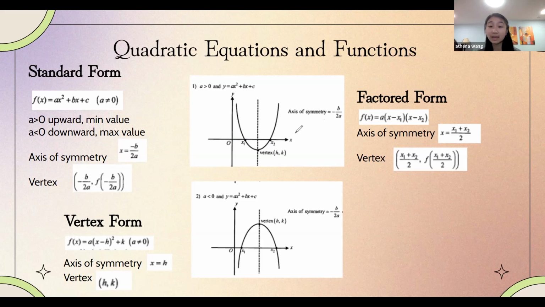This axis of symmetry would be the average of these two roots because it's symmetrical about the vertex line. So x1 plus x2 over 2 would be where this axis of symmetry would lie, and the vertex would be x1 plus x2 over 2, comma, f of x1 plus x2 over 2.